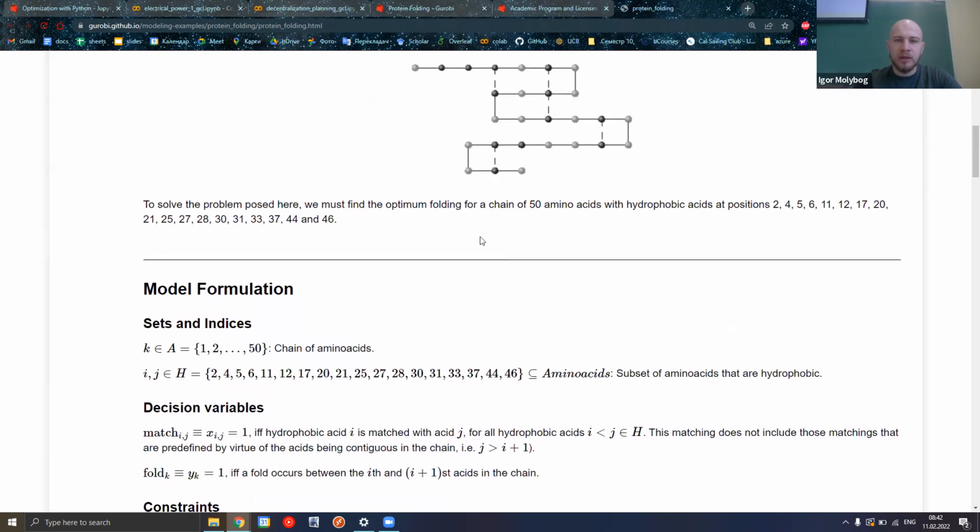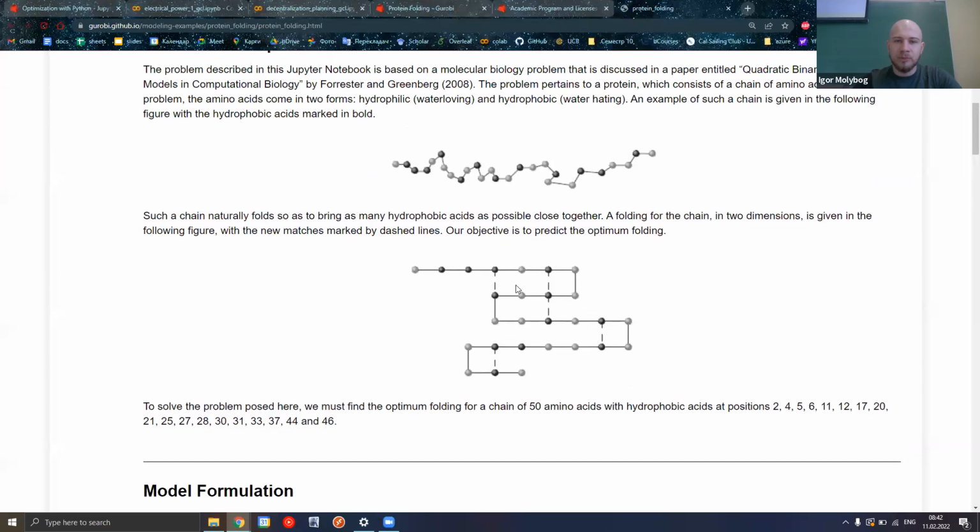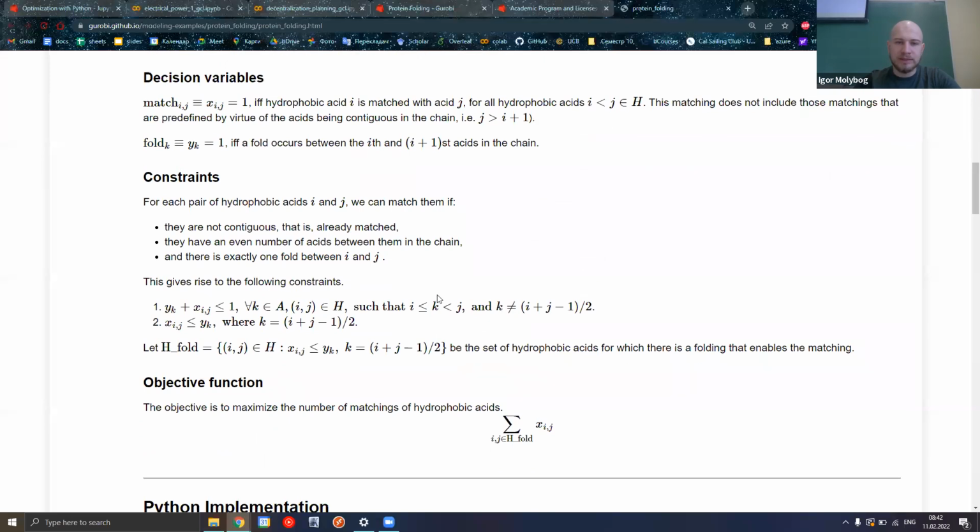Essentially, if we have a match between 4 and 11, then exactly in the middle between 4 and 11, a fold has to happen. And this is how to express what exactly between means.